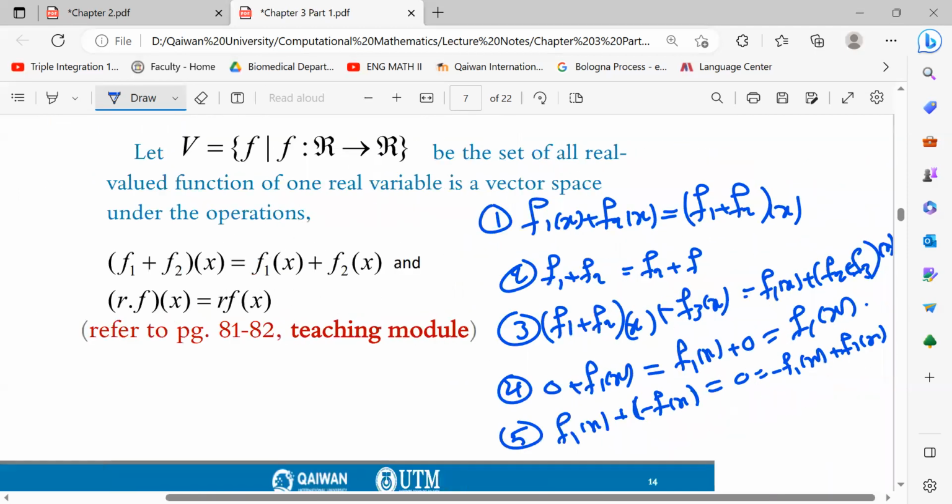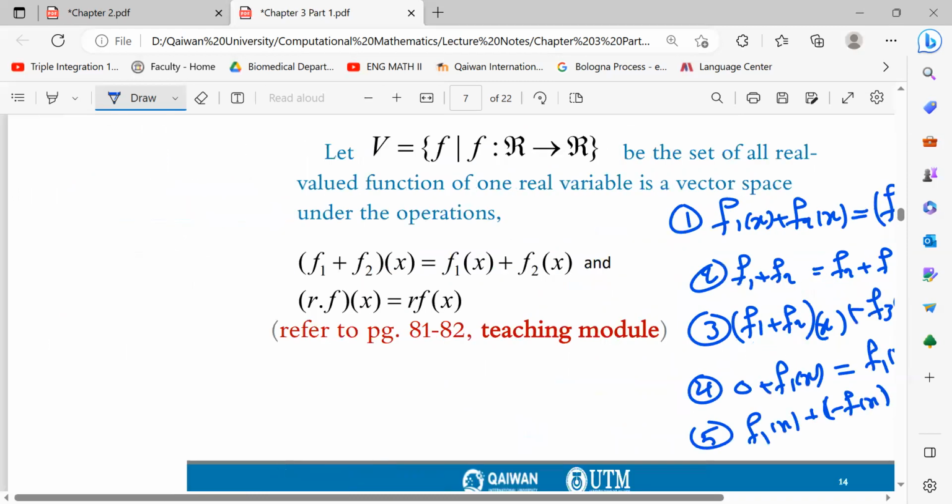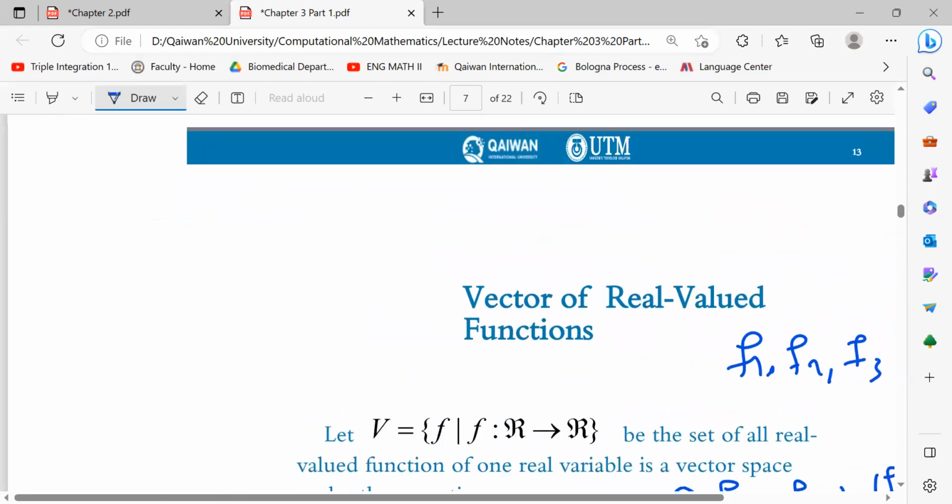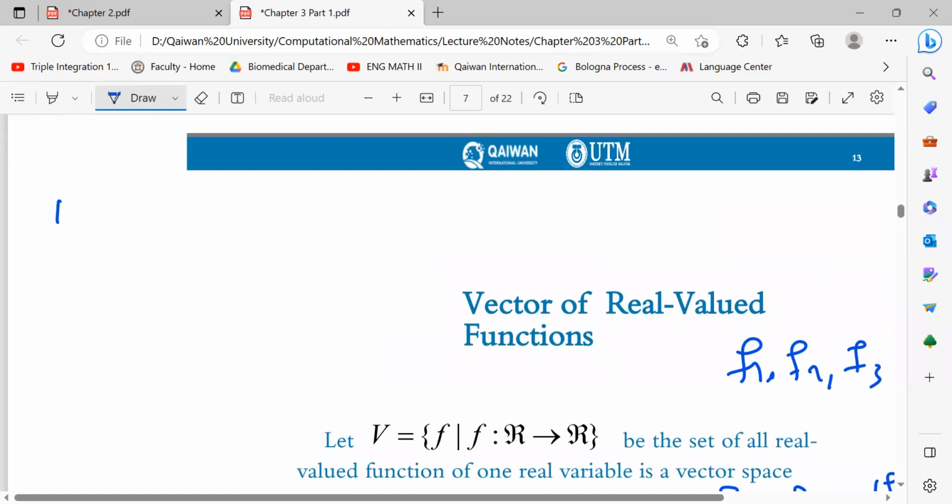These are the axioms for addition. For multiplication, we ask whether k f of x is still a real-valued function or not. If we multiply a function by a value, do you get another function or not? Of course you get another function.